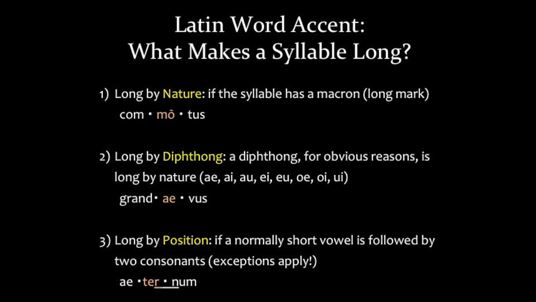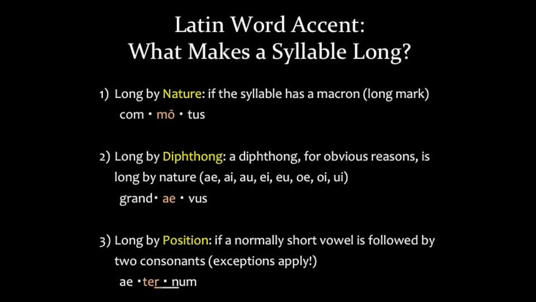There are three things that can make a syllable long. First, it can be long by nature. That is, if the vowel itself is long, that is, if it has a macron over it. So in this case, you'll see the word commotus.